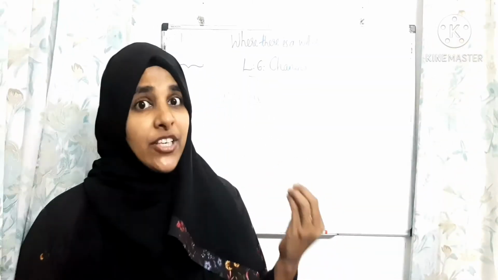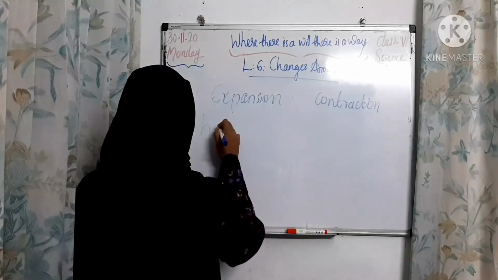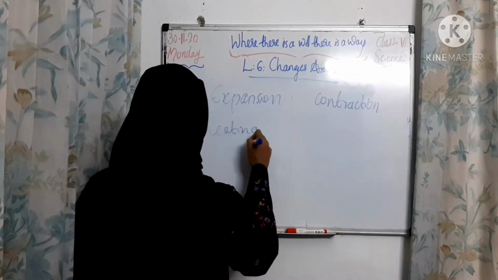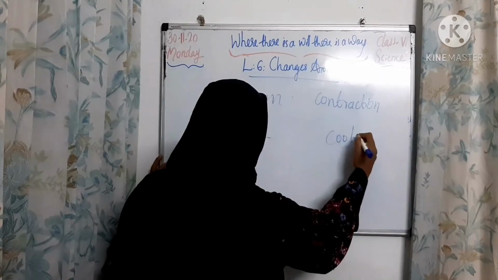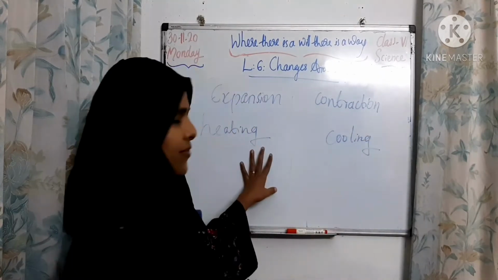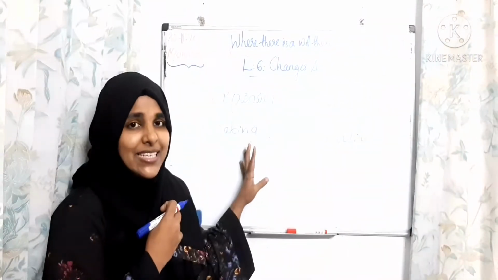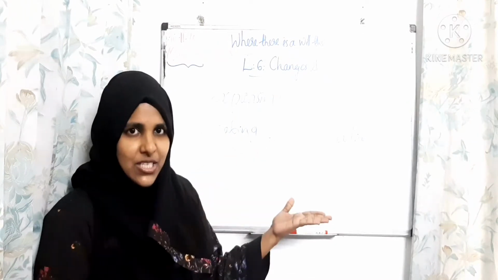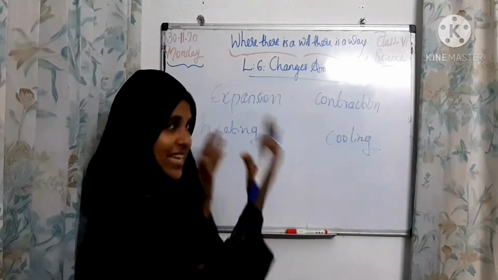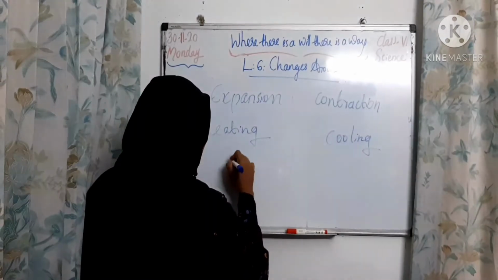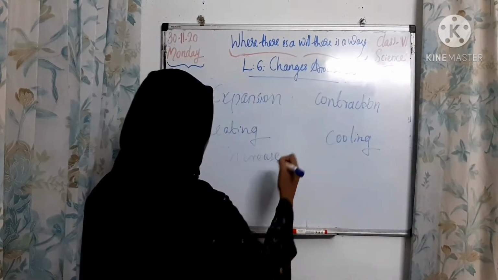So children, now we know that expansion occurs when it is on heating, but contraction occurs when it is on cooling. Okay, so we can understand the main difference. When it expands, its size will be increased. When it is heating, its size will be increased. Then what about contraction?